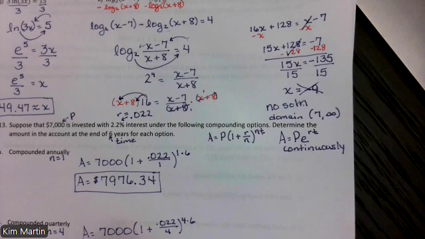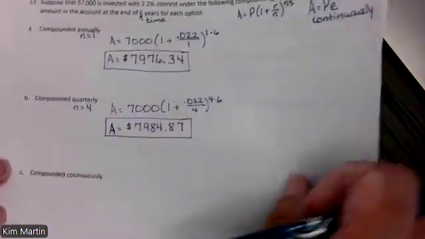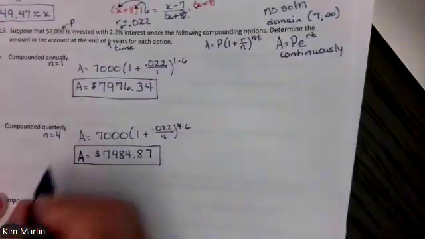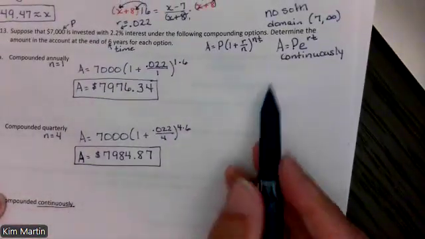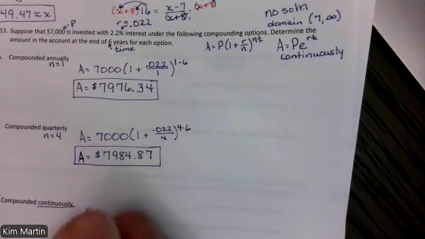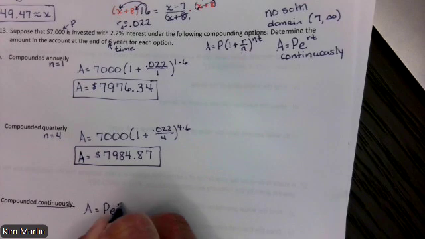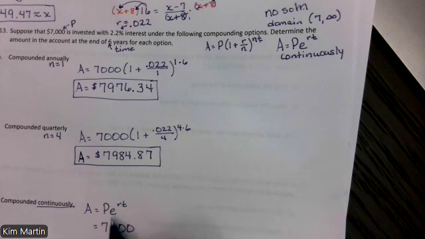All right, so this last one, compounded continuously. When you see this word right here, you are going to use this formula right here: A equals P e to the rt. So our principal, our initial investment, is 7,000. e to the r, our rate is still 0.022.